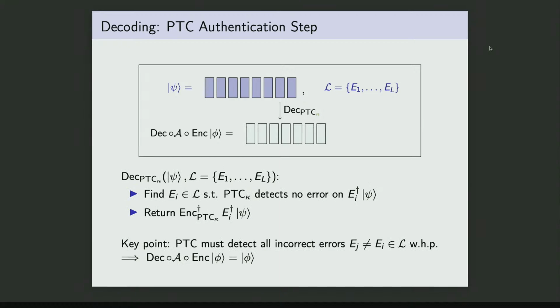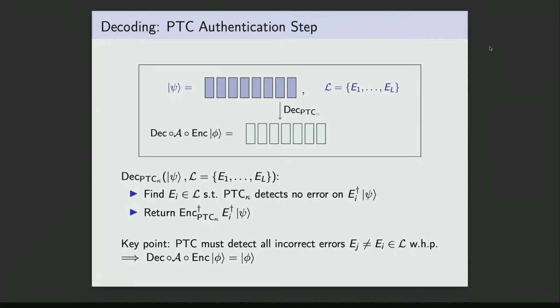I've hinted at this algorithm, but really what we're doing with the PTC decoding step is just looping through the list of errors, finding some error E_i in the list such that when we apply E_i dagger to our state psi, the PTC detects no error.